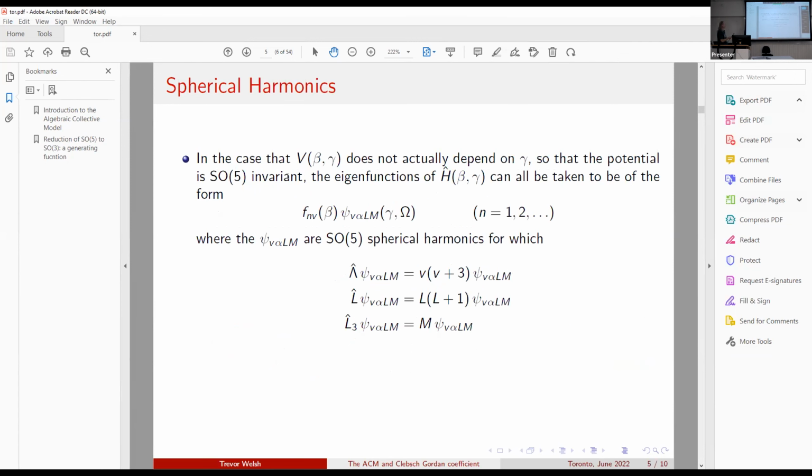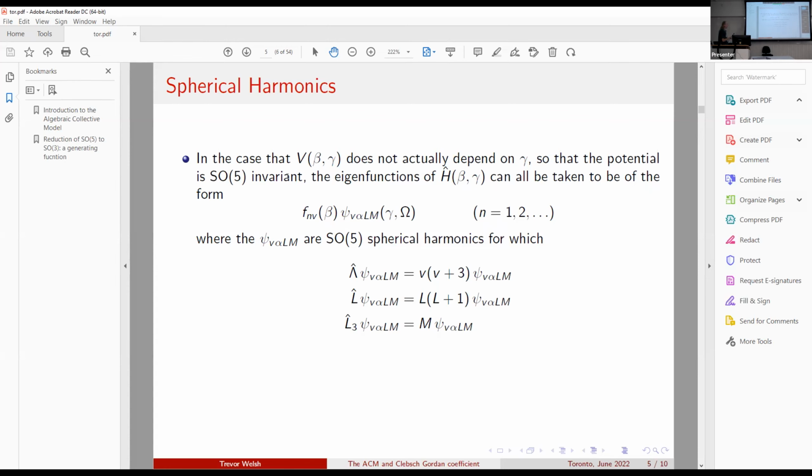In the case that the potential term doesn't actually depend on gamma, so the potential is invariant under 5-dimensional rotations, the eigenvalues of that Hamiltonian can all be taken to be of this form. These are the SO5 spherical harmonics, and the important point here is you've got a V in both terms.